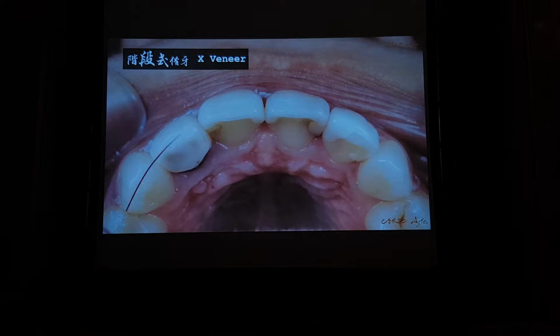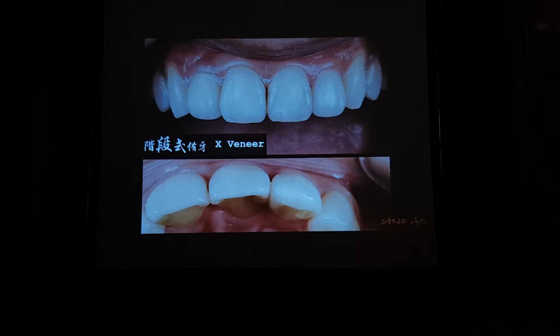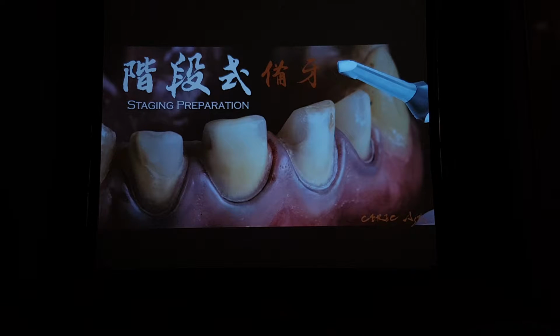So this aesthetic is still achieved because I'm sure there's enough room for the veneer. And you can see how well the veneer fits. And after bonding, you can barely tell the margin. Okay? And it's the final result. So with the staging preparation, we know that we won't cut too much, we don't prep too deep, but we have enough space for the ceramic.